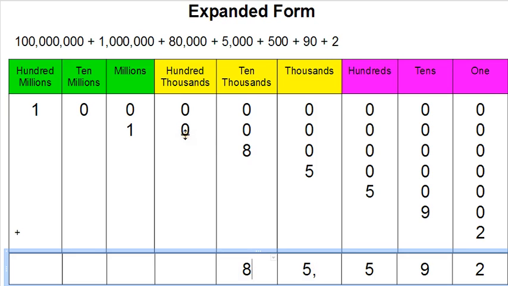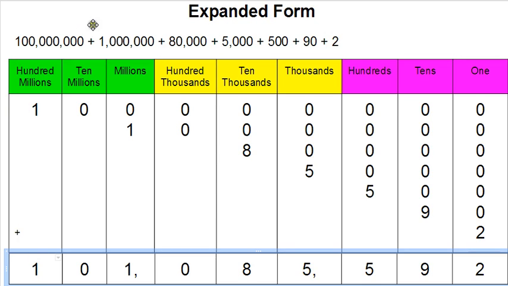Now 0 plus 0, that's just 0. Okay. 0 plus 1 in the millions place, there's 1 million. Nothing in the 10 millions place, so 0 is just 0. And 100 million, so 1 in the 100 millions place plus nothing is that.